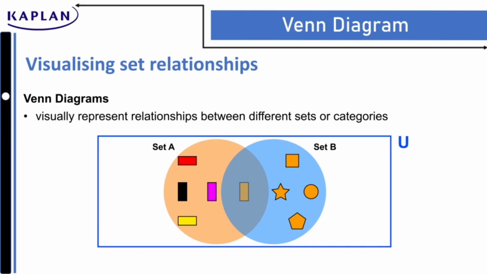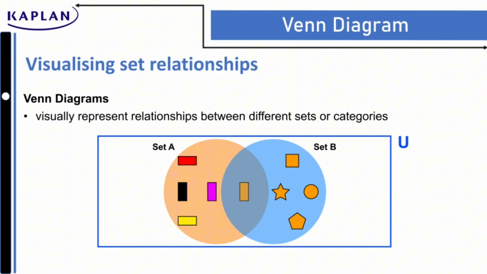Take a look at the Venn diagram provided. By analyzing the placement of the items, can you tell what set A and set B might represent? Good job! Set A represents rectangles. Set B, the orange-colored shapes.